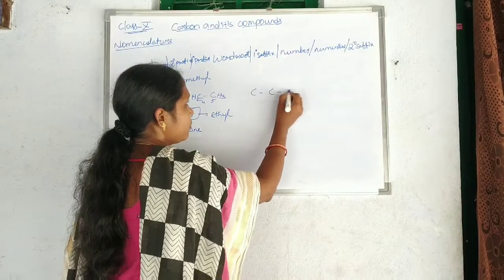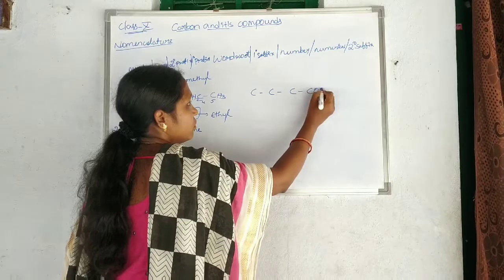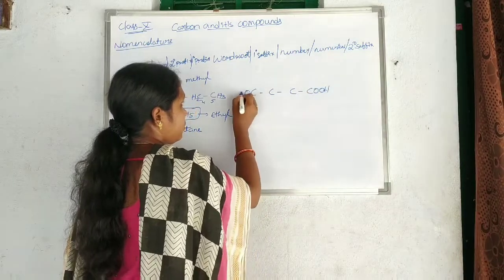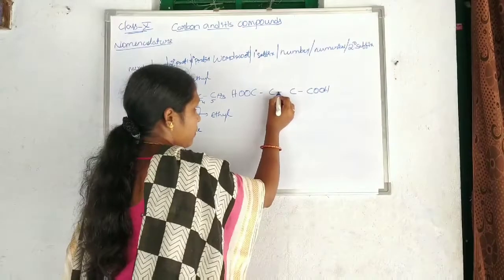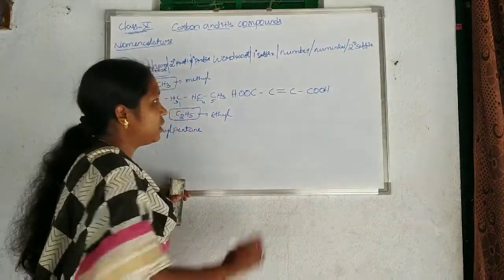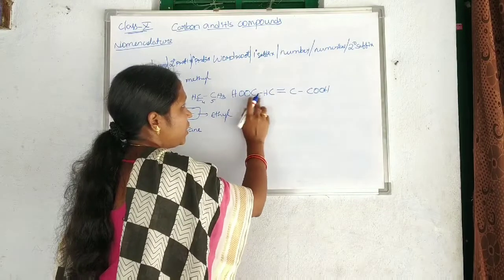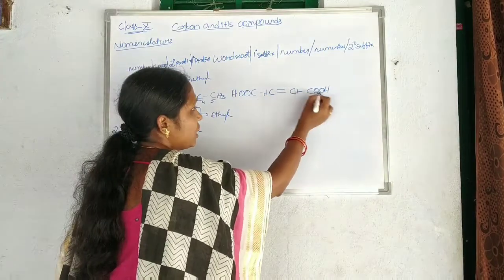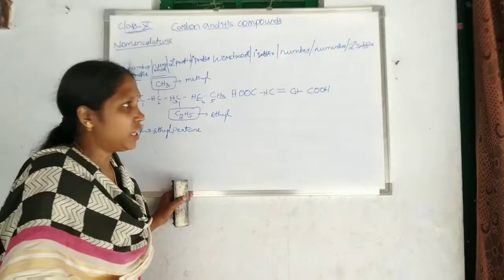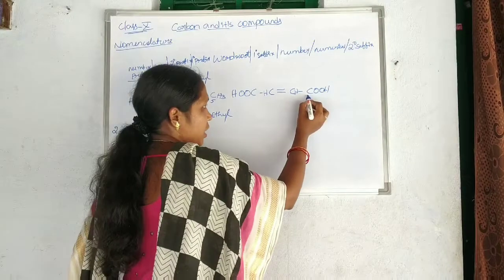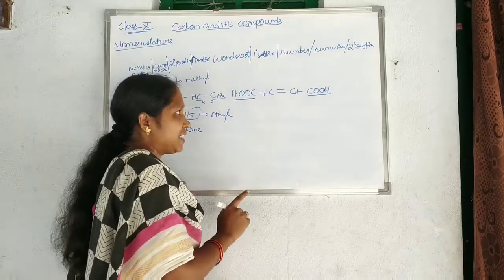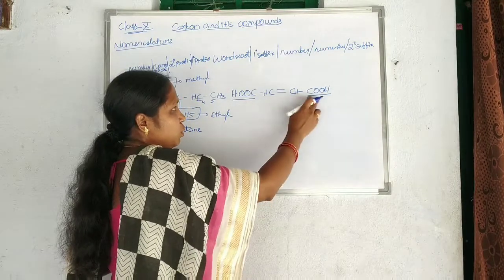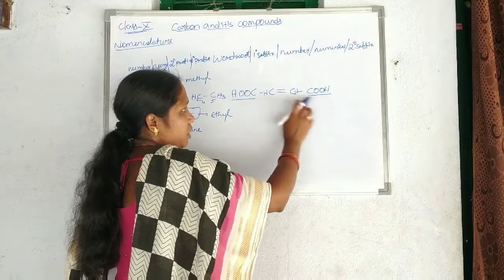Example: see here the molecule COOH, CH double bond CH, COOH. Here two functional groups are there, COOH and COOH. It is a carboxylic acid. So two of the same functional group are there.